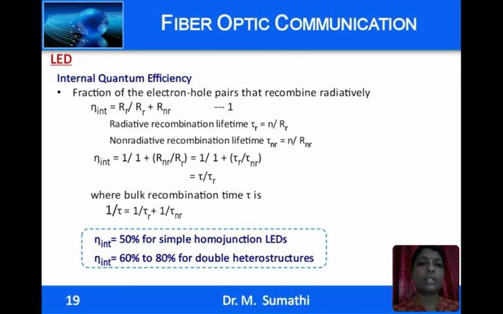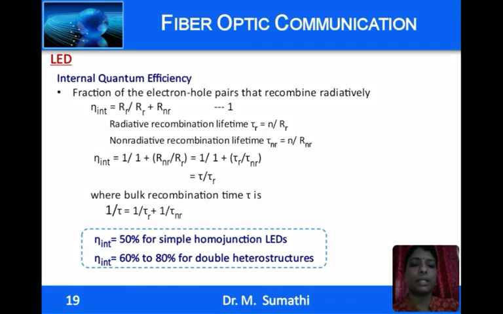So, now let us calculate the internal quantum efficiency. It is defined as the radiative recombination to the total recombination that occurs, and the radiative recombination lifetime is given by τR and non-radiative recombination lifetime is τNR. So, in the first equation, dividing the numerator and denominator by the radiative recombination rate and substituting the recombination lifetimes, the internal efficiency is given by the bulk recombination lifetime divided by the radiative recombination lifetime.